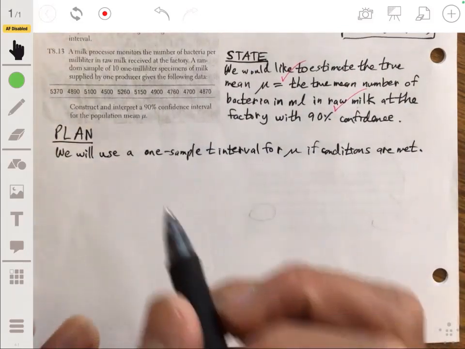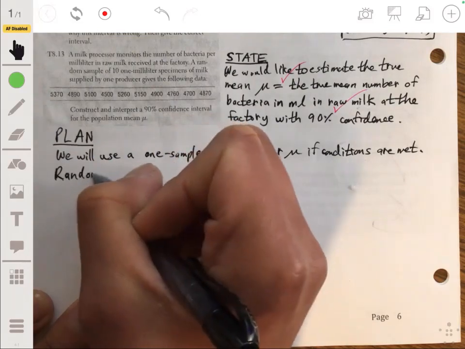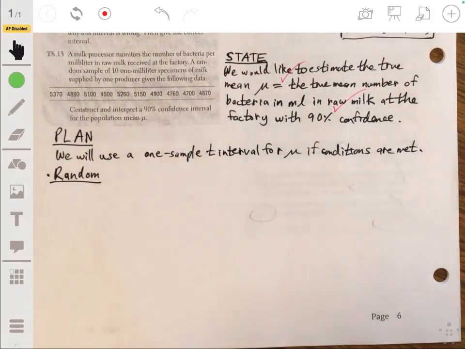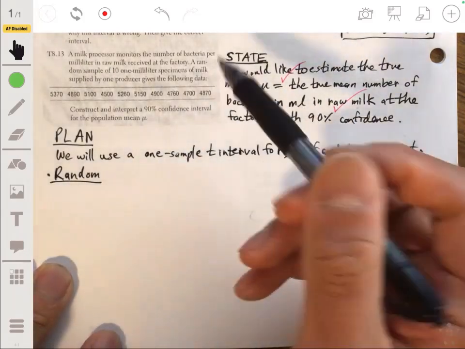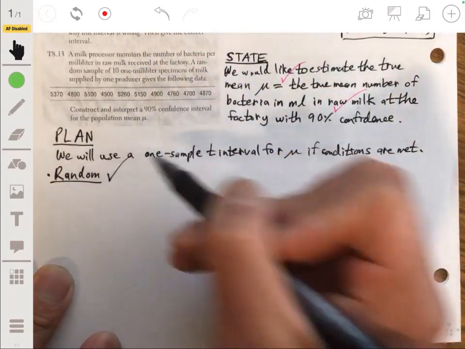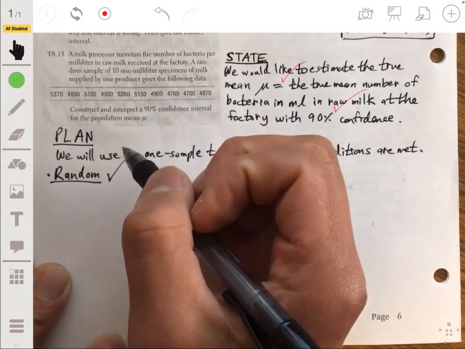And the three conditions will be the random, 10%, and then the normal large sample. So the random condition, we know it's met because it says that they took a random sample. So we can say that's met. Then the 10%.